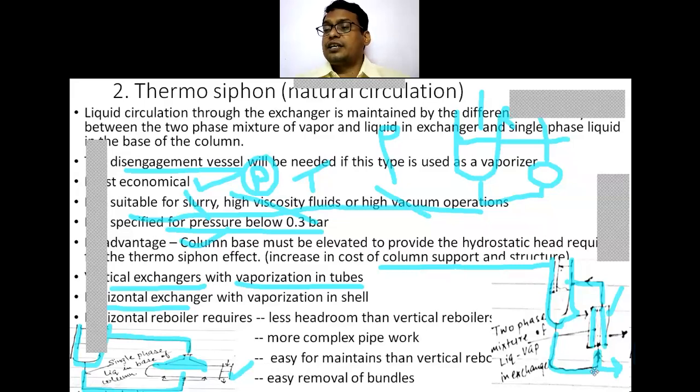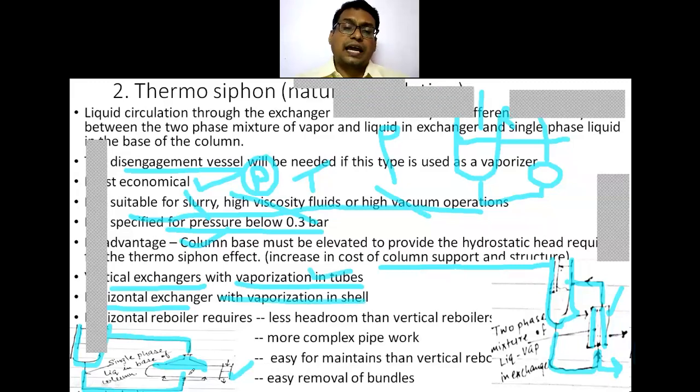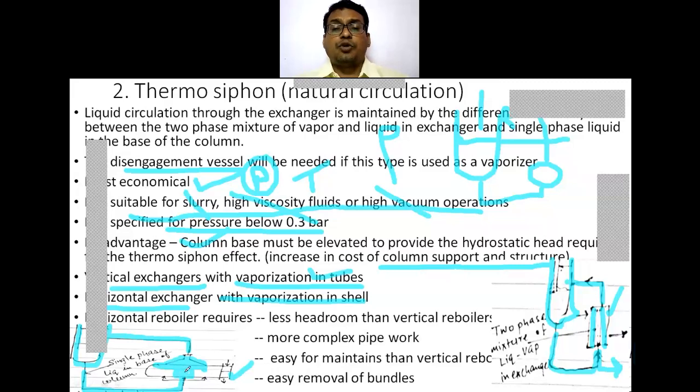As the fluid enters into the tubes, the vapors are generated in the tubes. So it's vaporization in the tubes. And in case of a horizontal exchanger, the vaporization is in the shell. So the shell side fluid is provided in the case of a horizontal shell and tube reboiler.